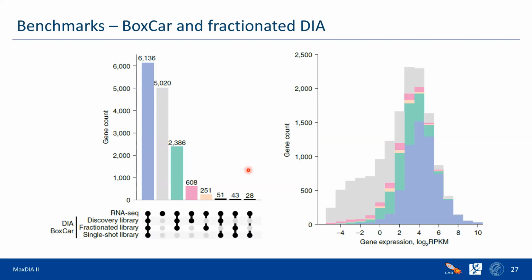But if you look at the distribution of the RPKM values, RPKM just shows how intensely a certain gene is expressed. We can see that most of these 5,000 uniquely identified genes in the RNA-seq data were located in a range below 0.